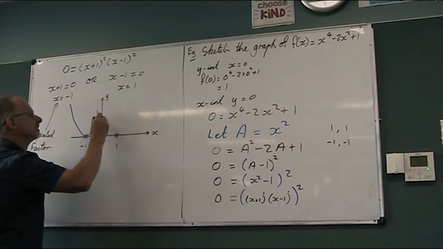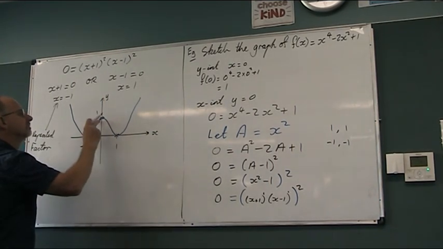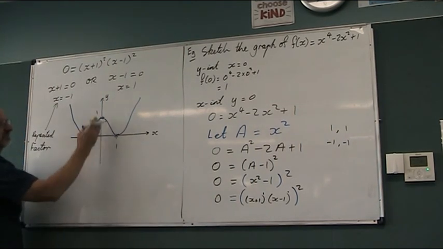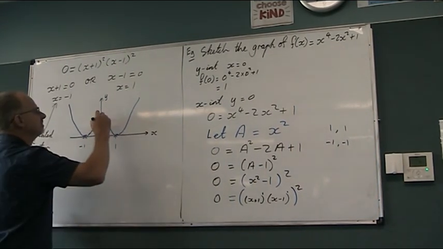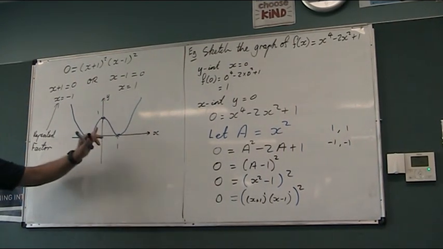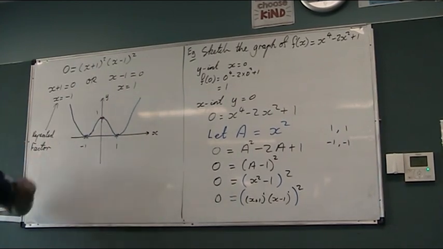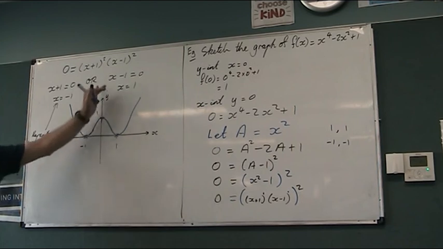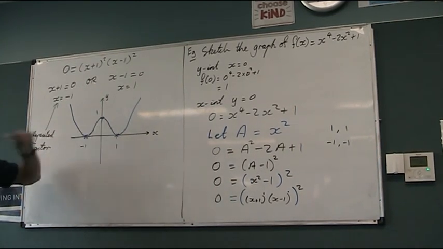A big W. If that wasn't the middle of those, then it probably wouldn't be, but because it's the middle, and the y-axis is the axis of symmetry, it's probably a turning point.